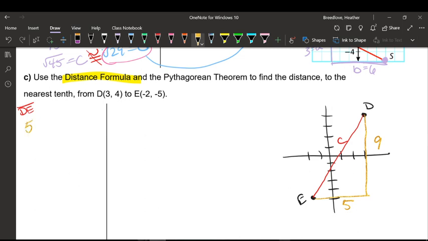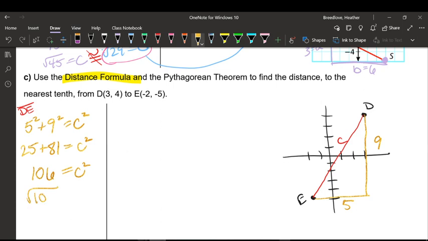So 5 squared plus 9 squared equals C squared. 5 times 5 is 25. 9 times 9 is 81. And that is C squared. So this is 106 is C squared.